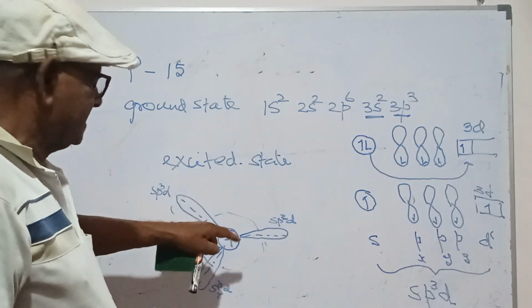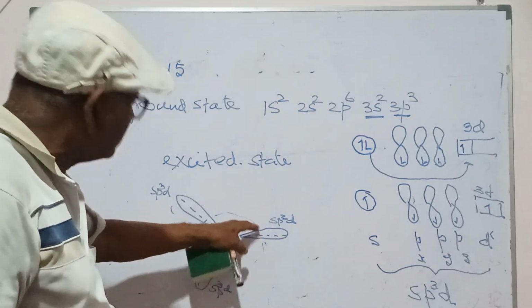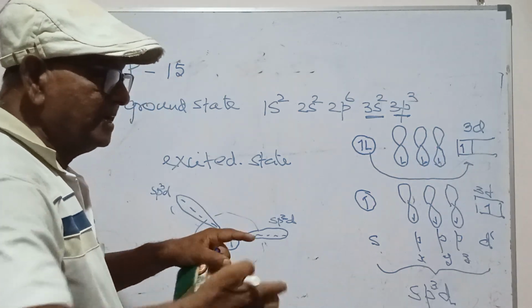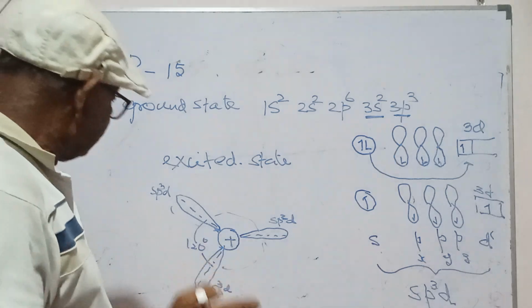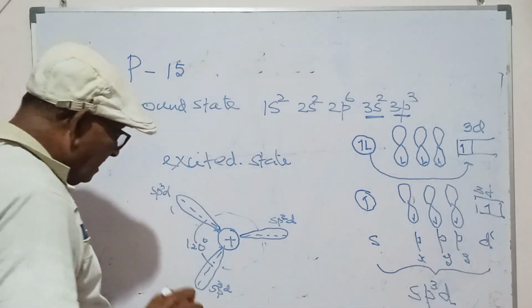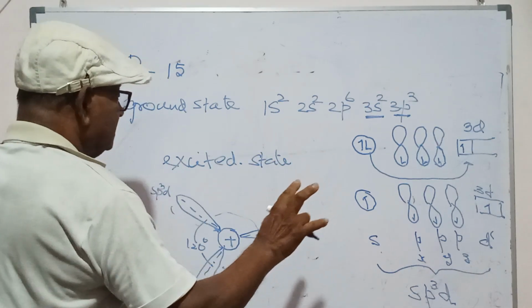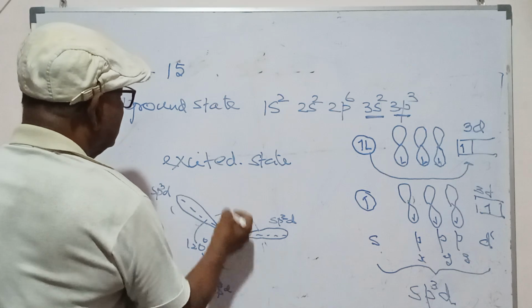Similarly, there are three hybridized orbitals. They also arrange in the same plane to give the trigonal planar shape. Then, where are the other two orbitals which are hybridized sp3d?